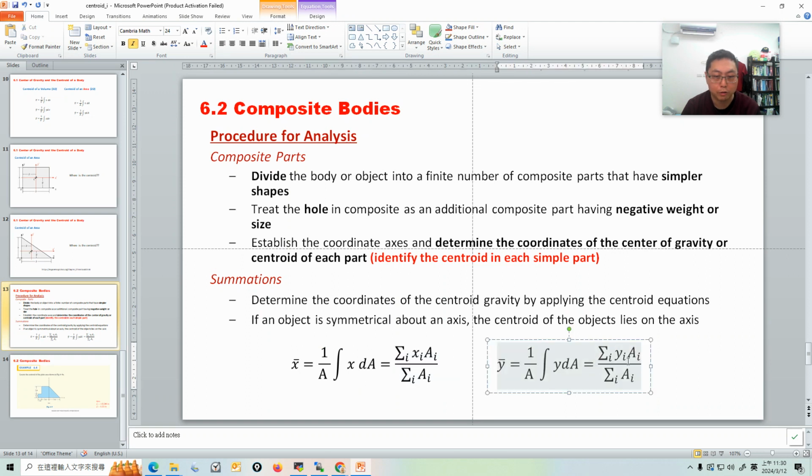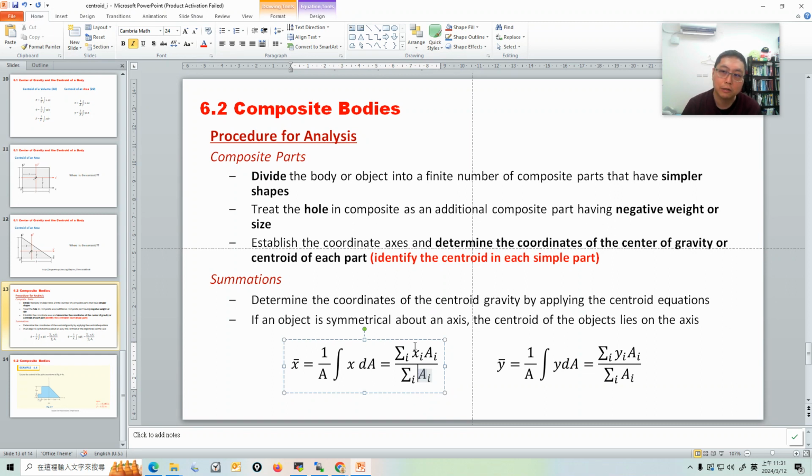The x component of the centroid is the x coordinate of each centroid times each area, divided by the total area. And the y component is the y coordinate of each simple area times its area, divided by the total area.